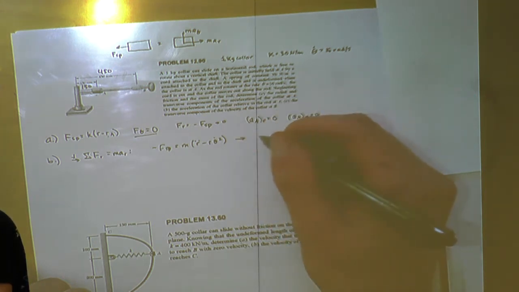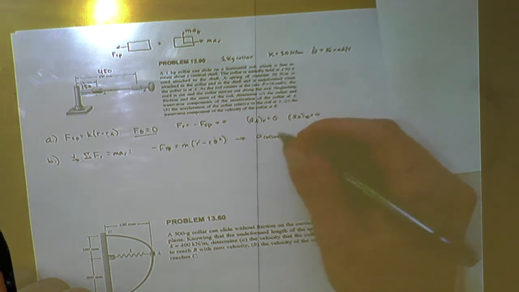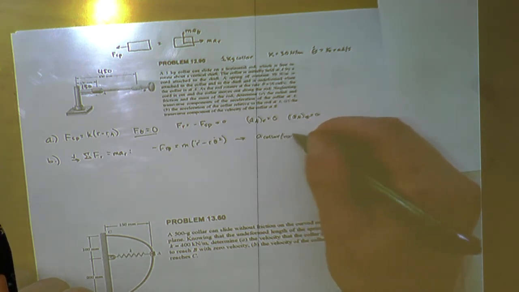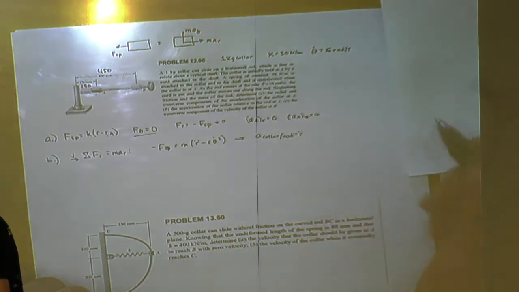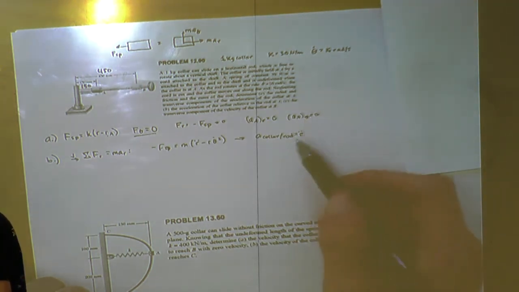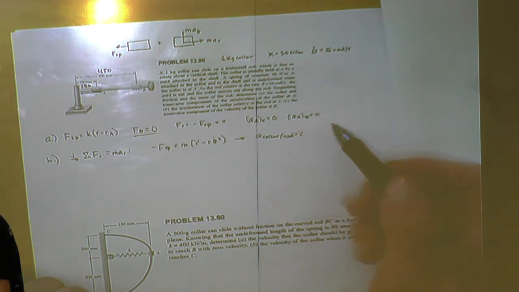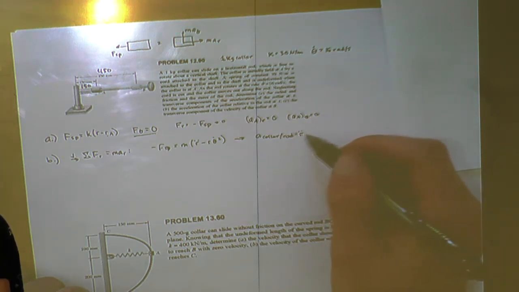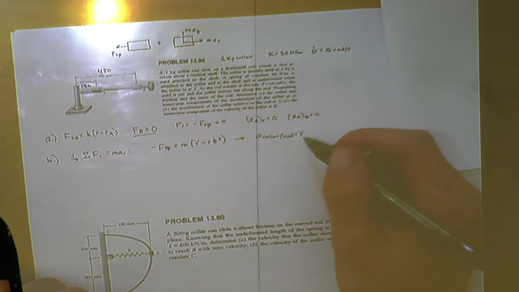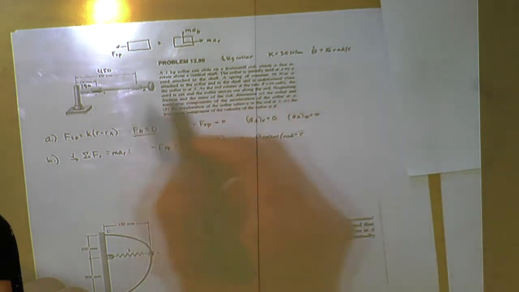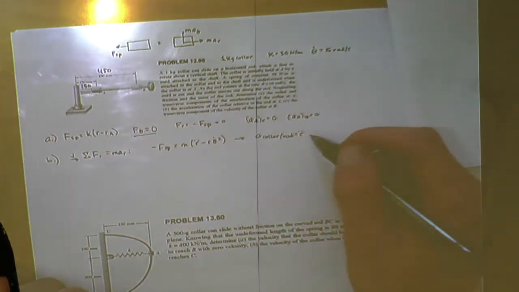We're going to put over here that the acceleration of the collar relative to the rod is equal to r double dot. Pretty straightforward. That's the only way that the collar is going to be moving relative to the rod, because the rod is going to be moving with it around the shaft.